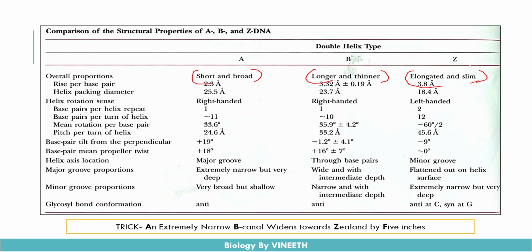So when you stretch B-DNA, it will form the elongated and slim Z-DNA. If you compress B-DNA, that will form the short and broad A-DNA. So if you consider this as B-DNA and compress it on both sides, this will form A-DNA, like this.